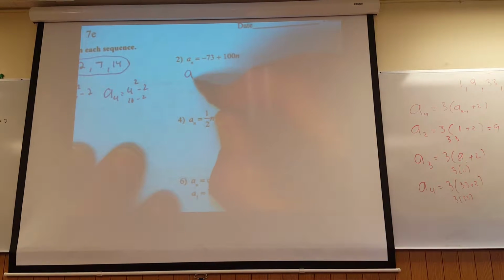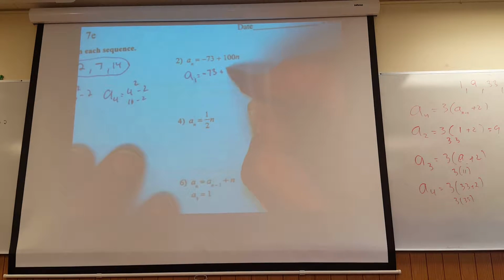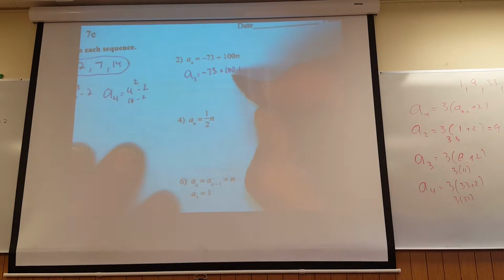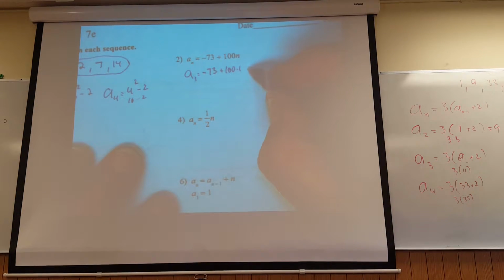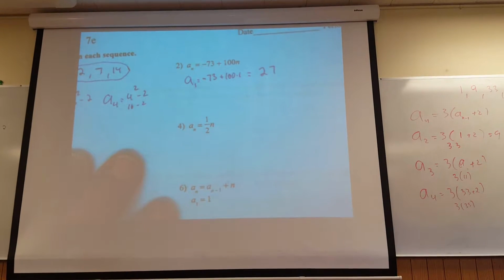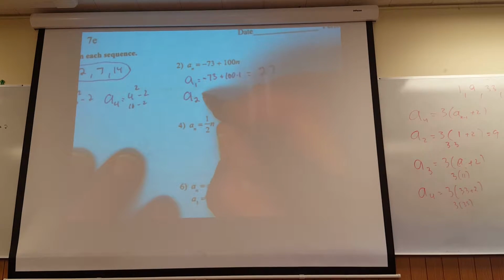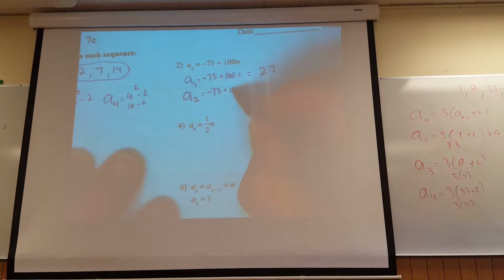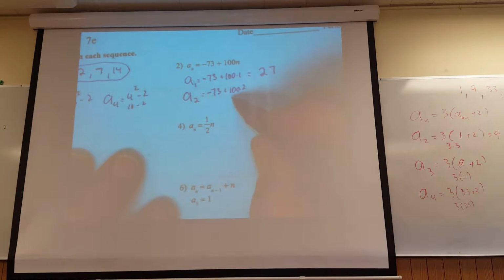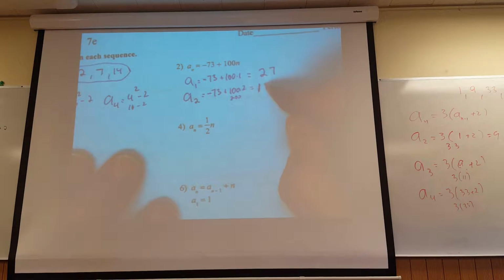The first term is going to be negative 73 plus 100 times 1, or 100. So that's negative 73 plus 100, and that's going to be 27. 100 minus 73. The second term is going to be negative 73 plus 100 times 2, or 200, and that's going to be 127.